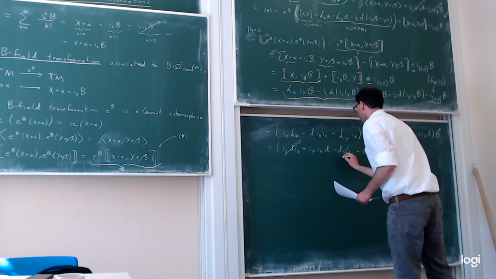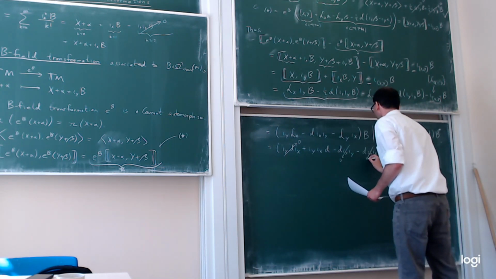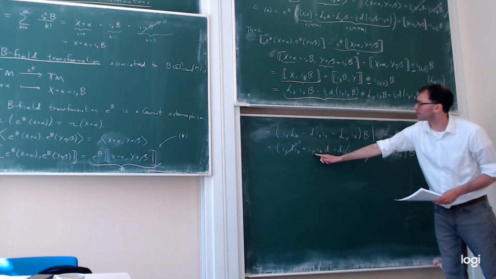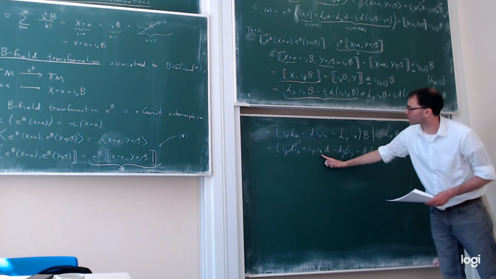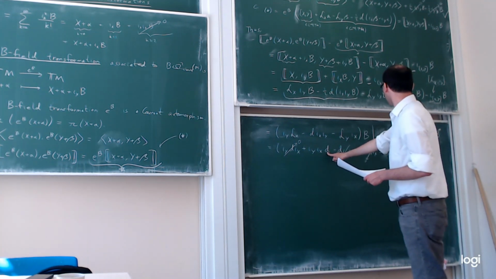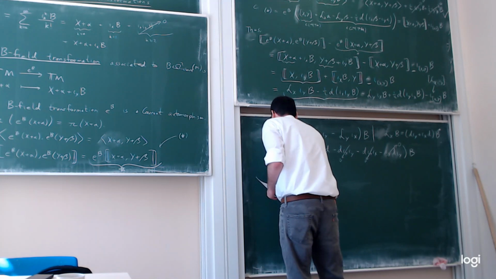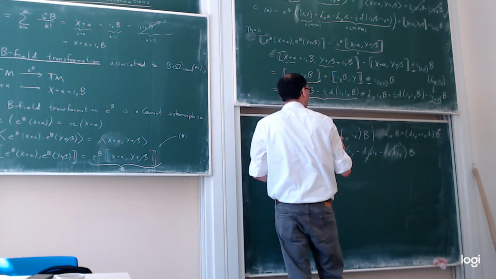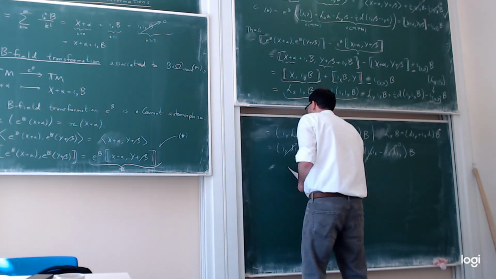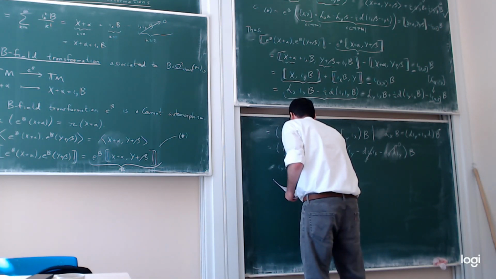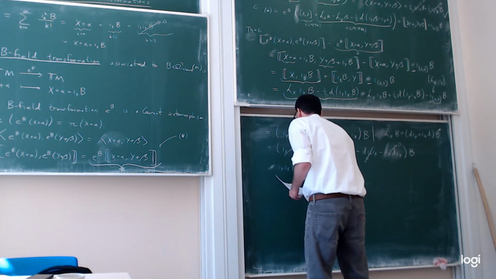So those are negatives of each other, and they combine to give us 0. And then we're left with the interior product of y of the interior product of x with the exterior derivative of b. So that's i_y i_x db.